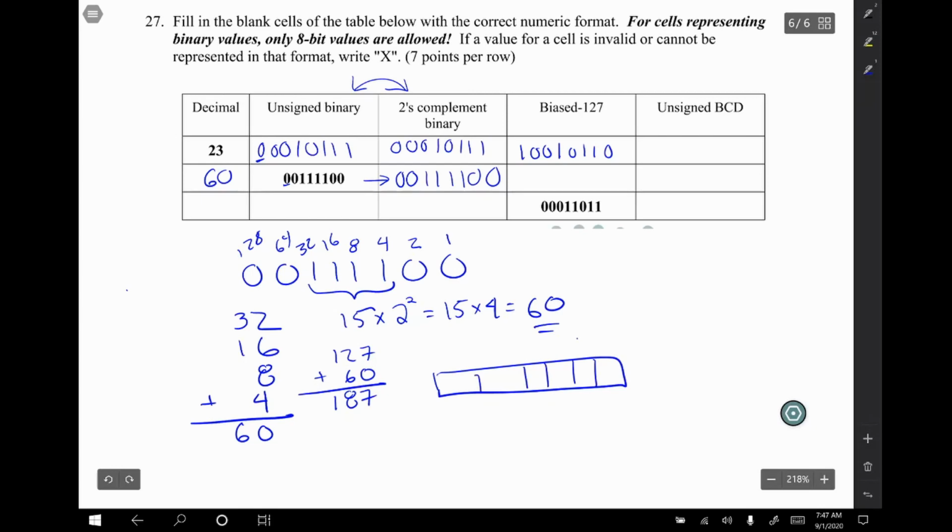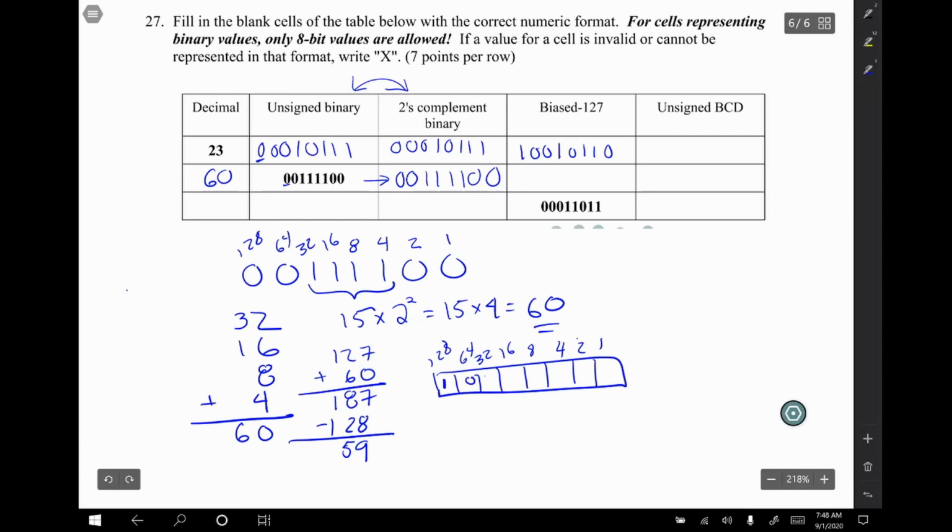We've got our 8 slots here with the 1's place, 2, 4, 8, 16, 32, 64, and 128. There is a 128 in it, so we put a 1 in that position, and we subtract 128 from this guy, and we get 59.